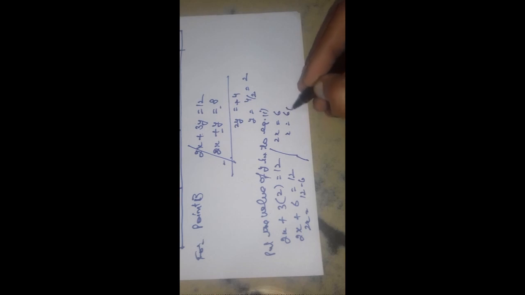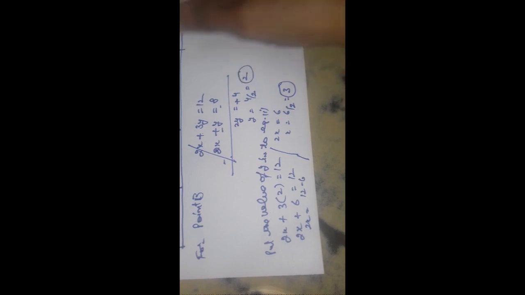X equals to 6 divided by 2 equals to 3. So we got the coordinates 3 and 2.